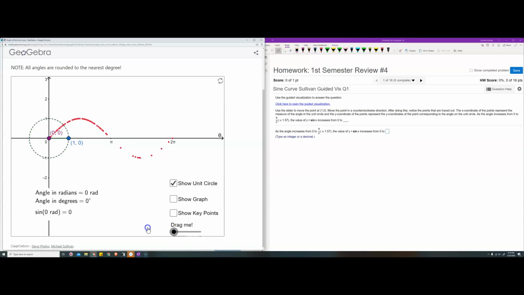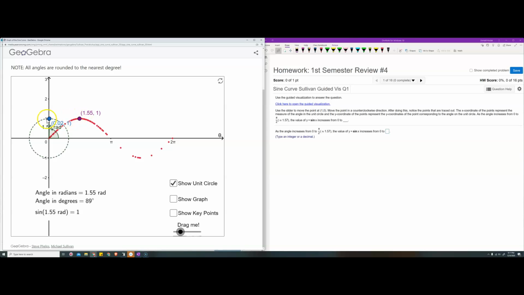Okay, so for example, when I drag this and I go to pi over 2, which is right here, this point, its y-coordinate, which is 1, represents the y-coordinate of when the angle is pi over 2.